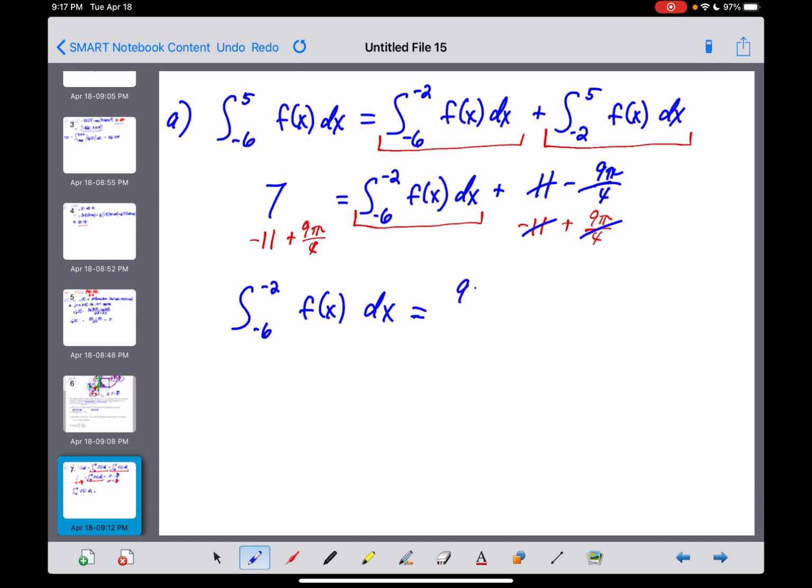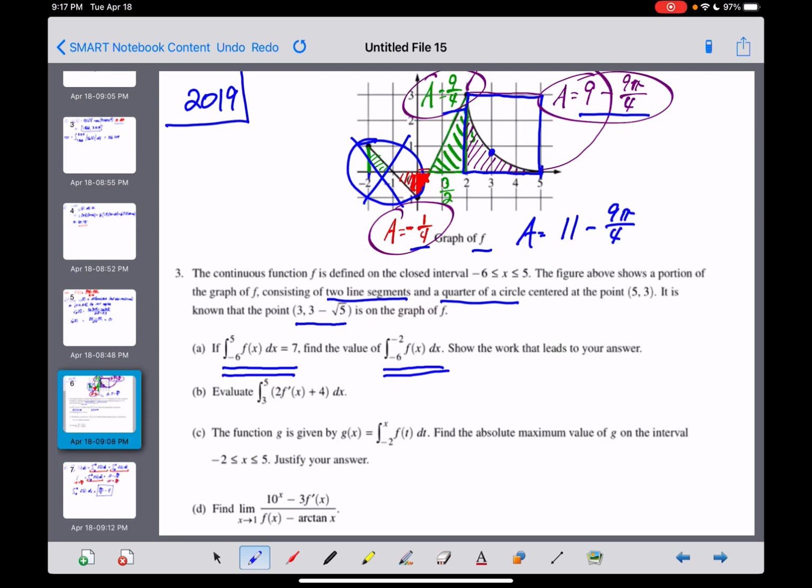So I'm going to write it as 9 pi over 4 minus 4. That is a pretty ugly answer, guys, but that is what they were looking for for part A. All of that was worth 3 points. So there's a lot going on just in part A.